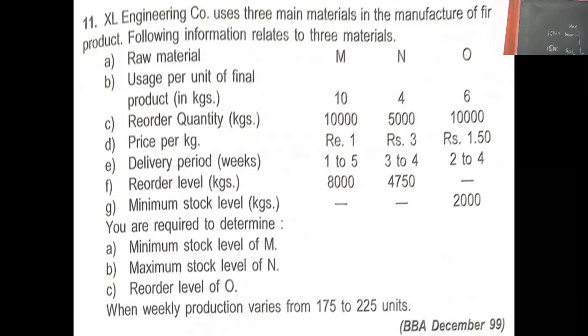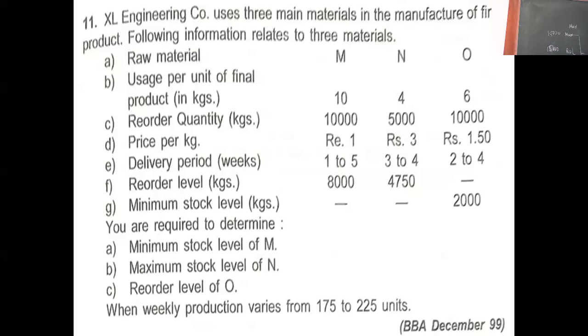Then reorder quantity is given. That is useful for your maximum stock. Then price per kg is there. If you want to calculate the value in rupees, that is applicable. Delivery period is useful for your calculations.